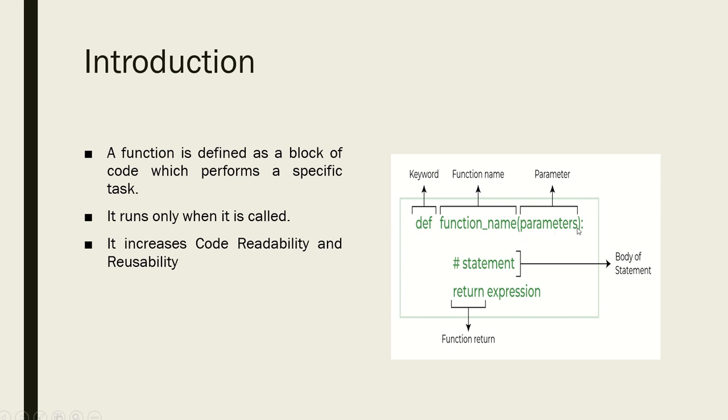Once we define the signature till the closing parenthesis, we have to specify a colon sign, which tells the language translator that there is a block ahead, which is the function body. Now, this body will contain a number of statements which you want to execute according to the task which the function is intended to perform, and it can or it cannot have a return expression also.